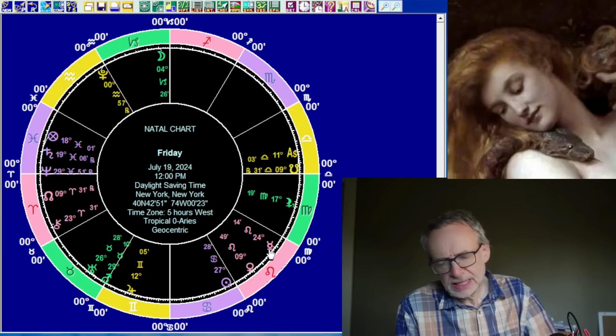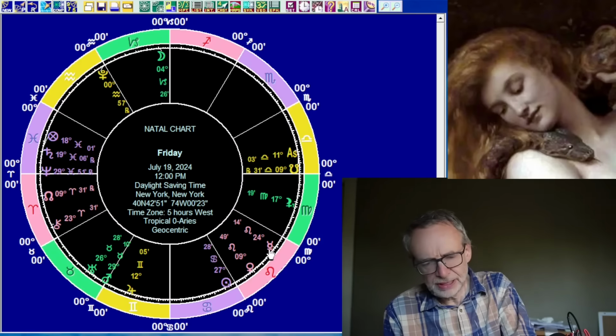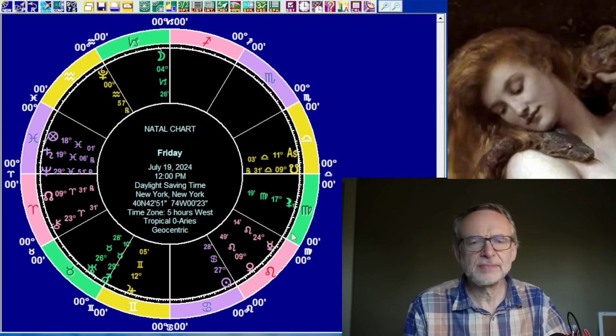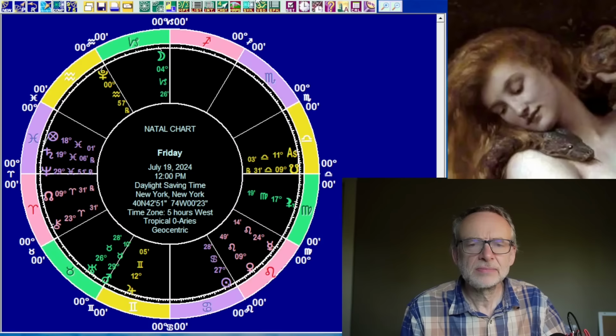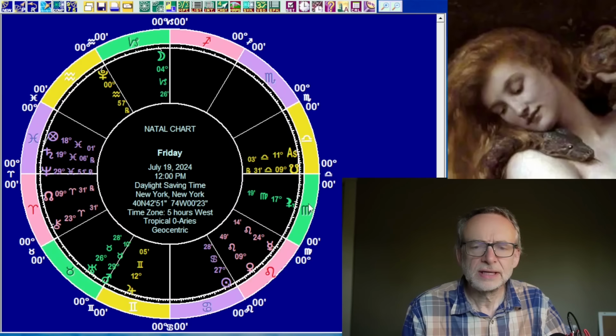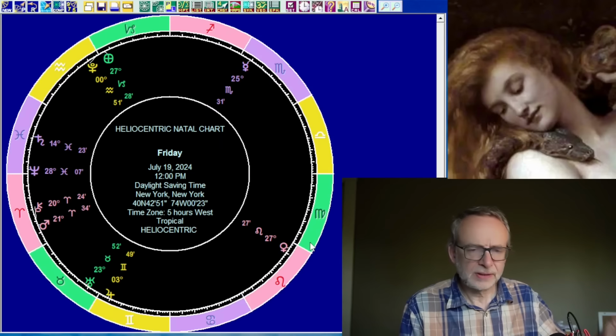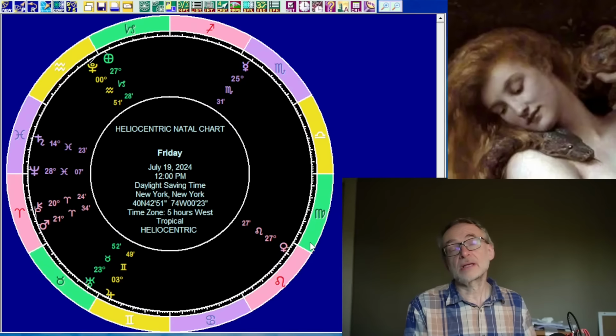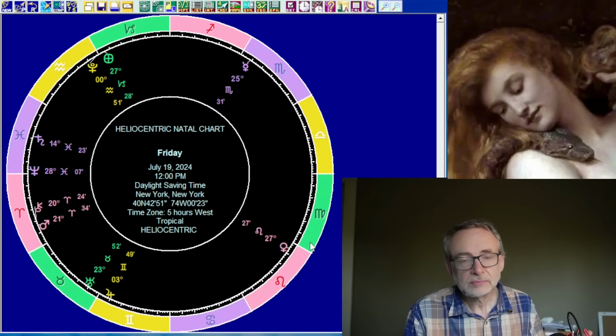Turning to the heliocentric picture, there's not a massive amount going on heliocentrically, but there's certainly enough to merit some kind of comment. So here's the heliocentric picture. Remember, this is from the perspective of the Sun.